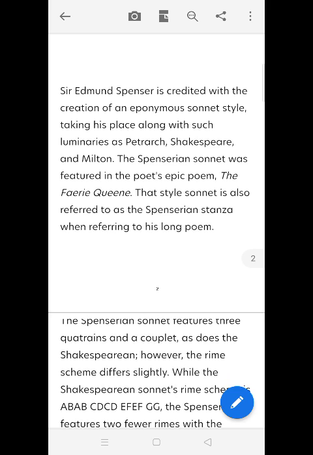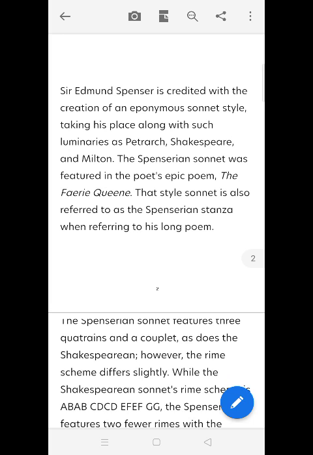So let's have a brief intro of the background of this poem. As we know, Sir Edmund Spenser is a well-known Elizabethan poet, and he is credited with the creation of an eponymous sonnet style, taking his place along with other luminaries such as Petrarch, Shakespeare and Milton.